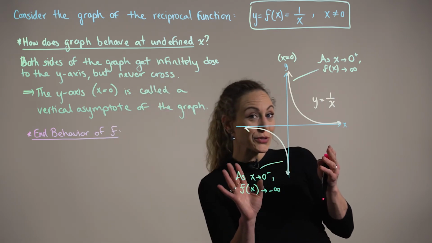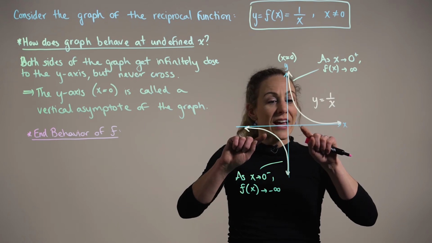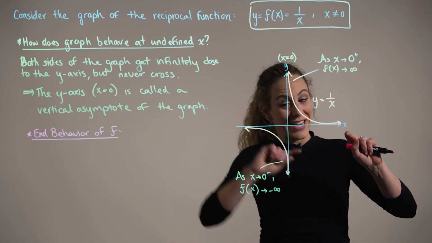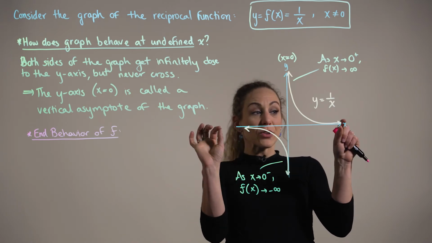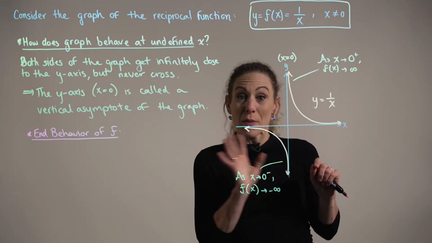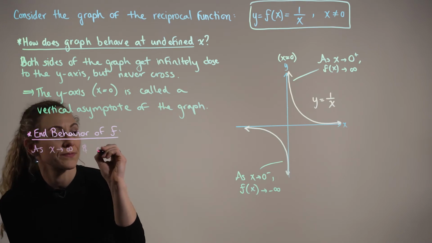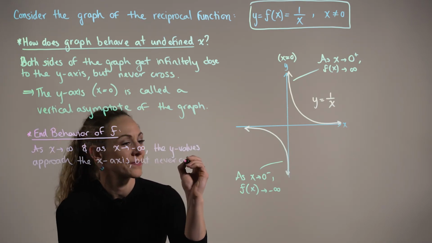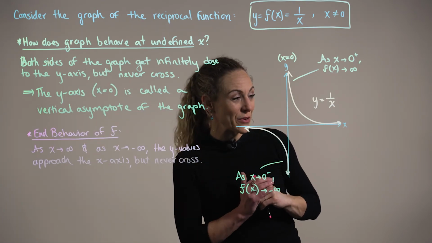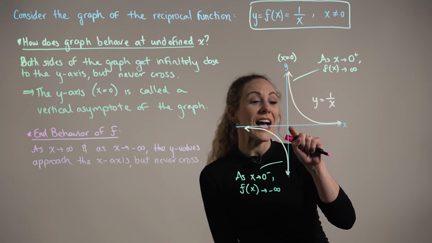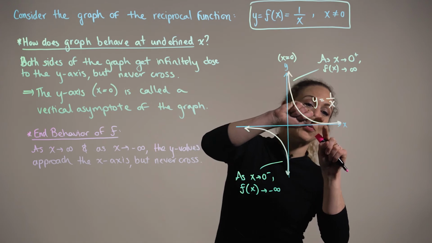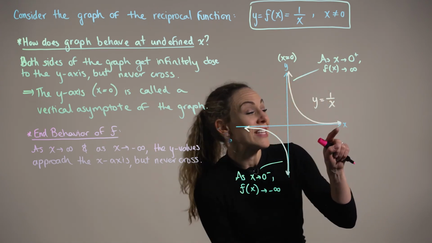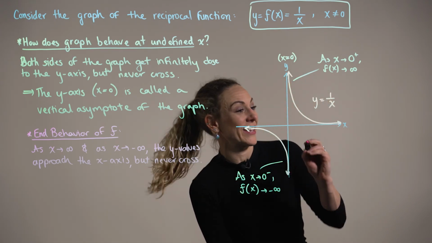Coming over to our graph, we can see that as x approaches positive infinity and as x approaches negative infinity, the y values are approaching the x-axis, but they're never crossing. Using our new infinite notation, as x is approaching positive infinity, the y values are approaching the x-axis but never crossing.